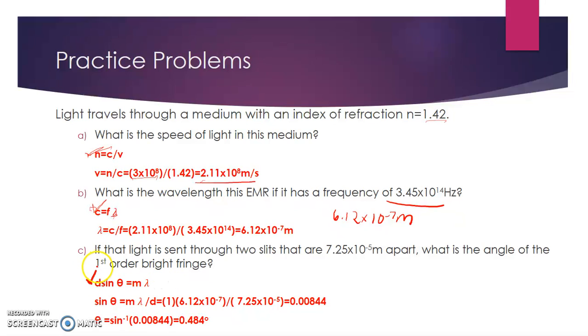It's the first order, so that's where the 1 is coming from, times 6.12 × 10^-7, which is what we calculated in letter B, divided by 7.25 × 10^-5, which is the distance between the two slits. So we should get 0.00844. Now we have to take the inverse sine to get the angle, and our angle is 0.484 degrees. Again, make sure your calculator is in the correct mode.